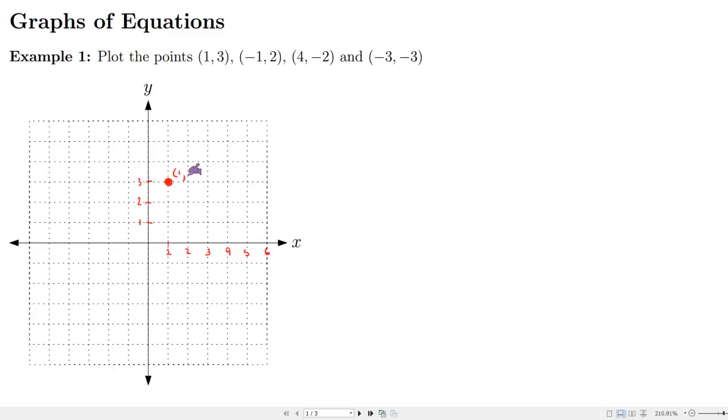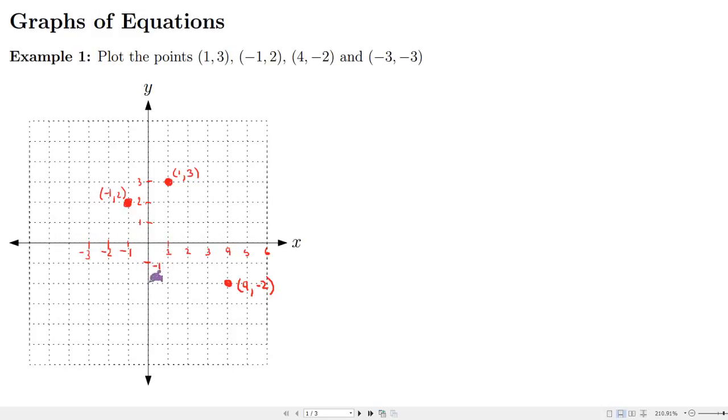So that's (1, 3). And (-1, 2): now we're going to have to go in the negative direction of x. We would still increment these by 1, but in the negatives. So negative 1, positive 2 would be the location for this point here. Then (4, -2), and down here (-3, -3).